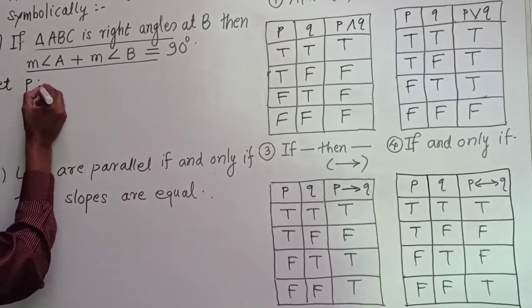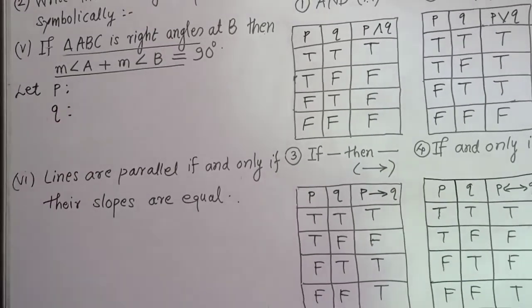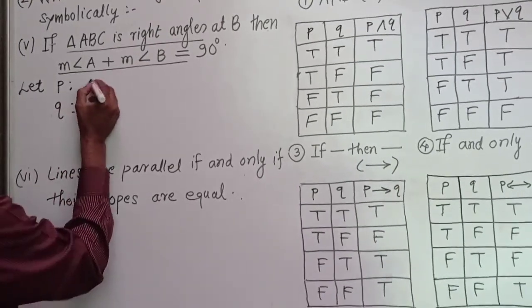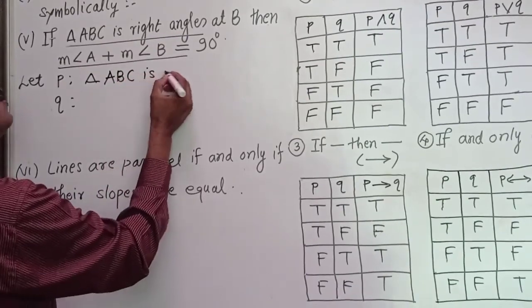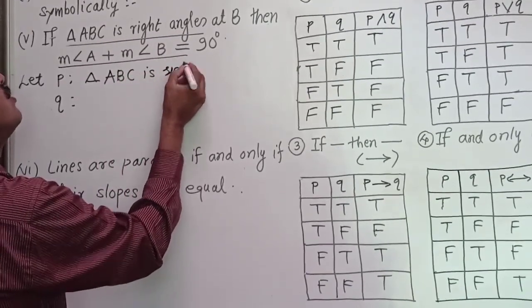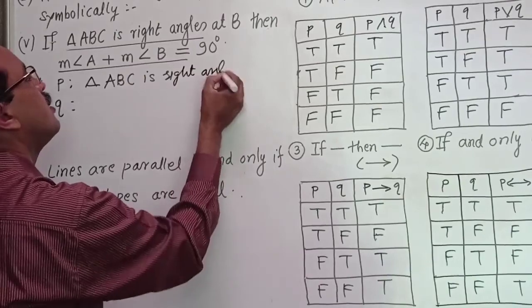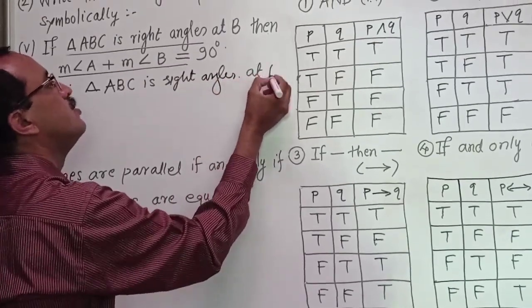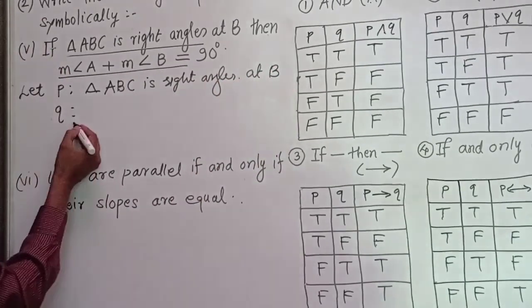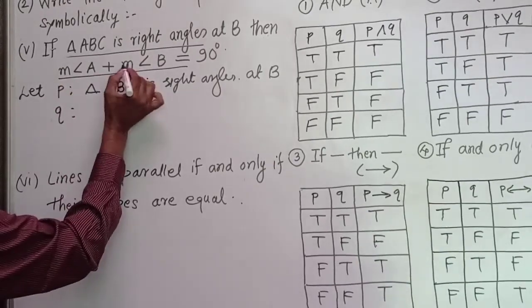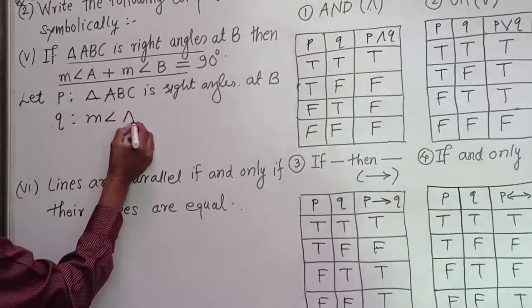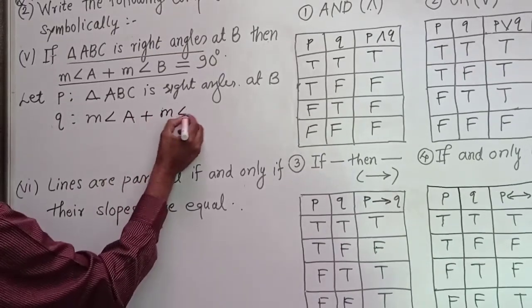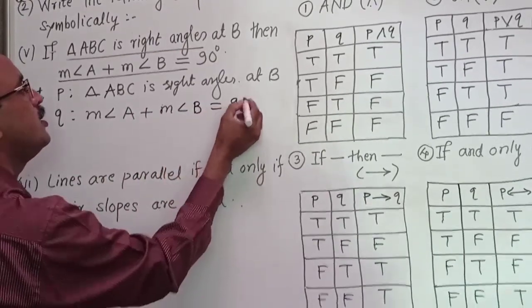First statement P is triangle ABC is right angled at B, and the second statement Q is measure of angle A plus measure of angle B is equal to 90 degrees.